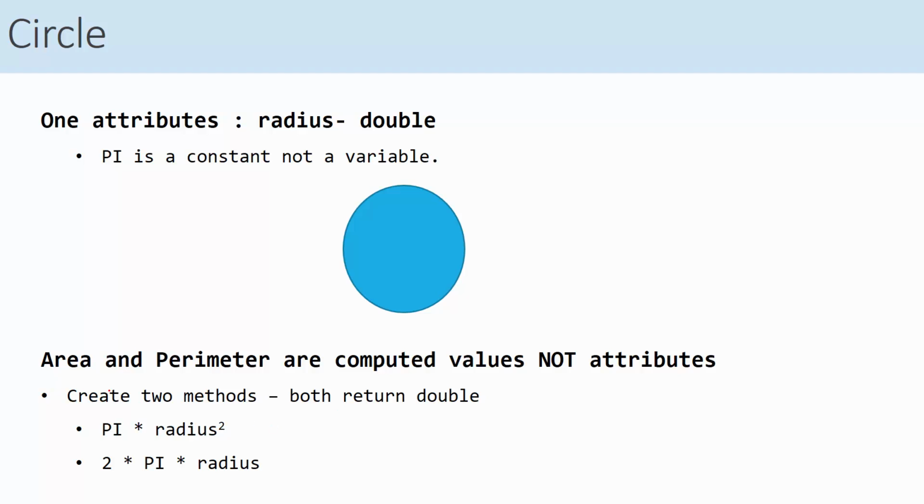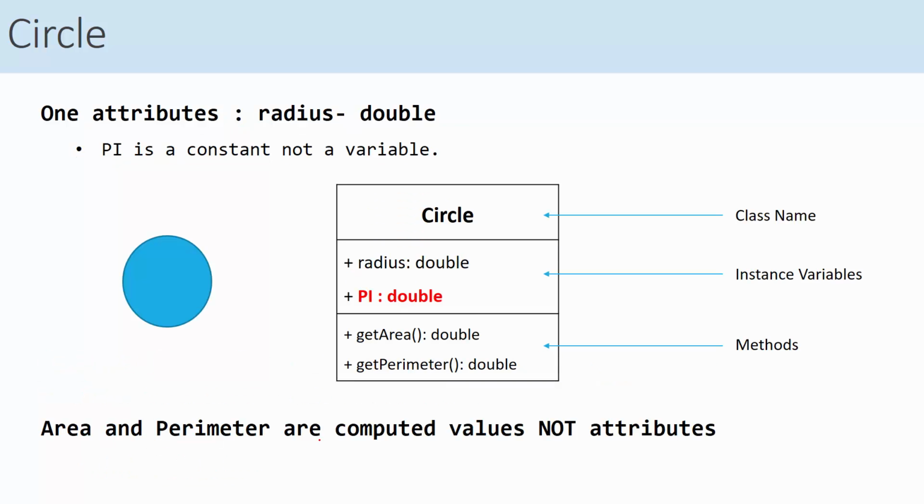We can calculate area and perimeter from the radius, and these are computed values again. This is how to calculate the area, and this is how to calculate the perimeter. So the only thing we need as an attribute is the radius. We're going to use the pi constant value, and two methods will be provided, getArea and getPerimeter.